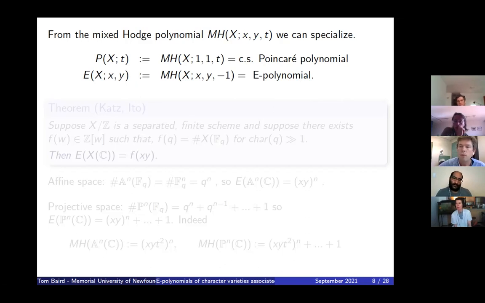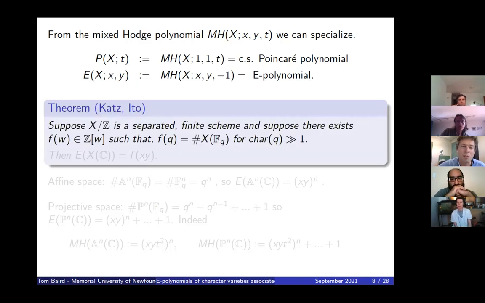So one amazing fact about the E polynomial is Katz's theorem, also independently and earlier proven by Ito. So maybe I should call it Ito's theorem.